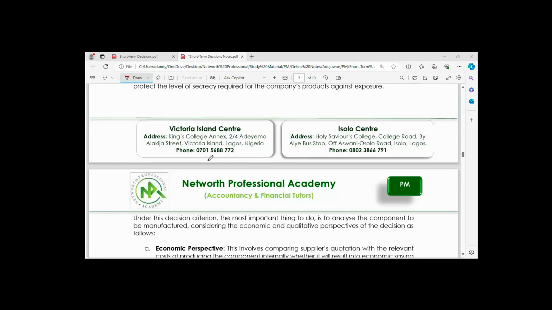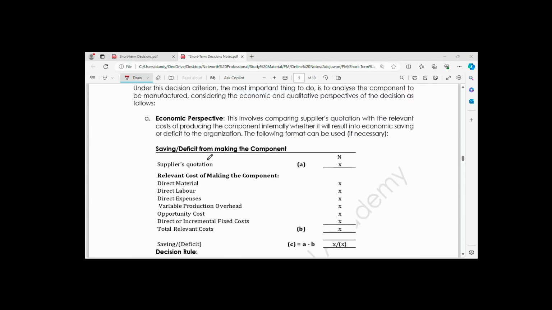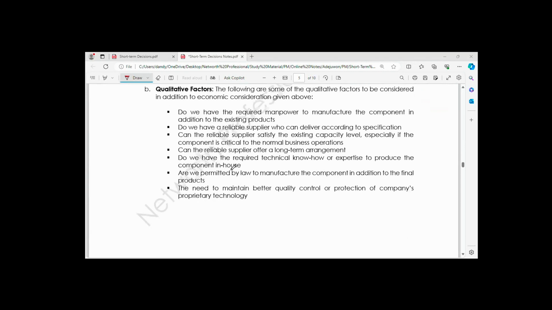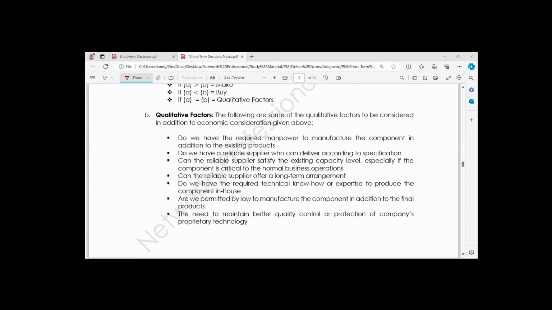Anyways, move on. So we are discussing the economic perspective of make or buy. And I said that one factor that the company will need to ask is this: when you want to state your qualitative factors under make or buy, there are two angles you are going to look at.